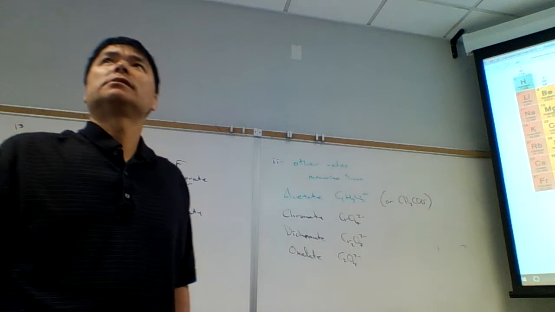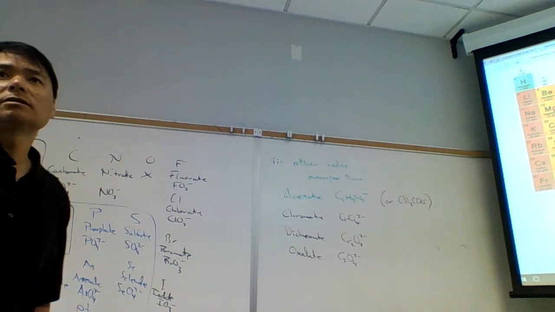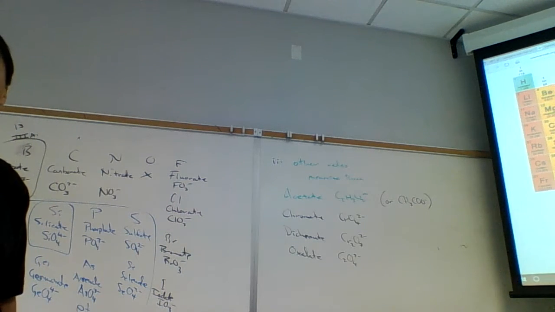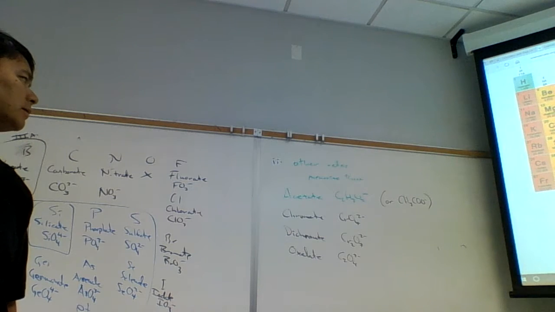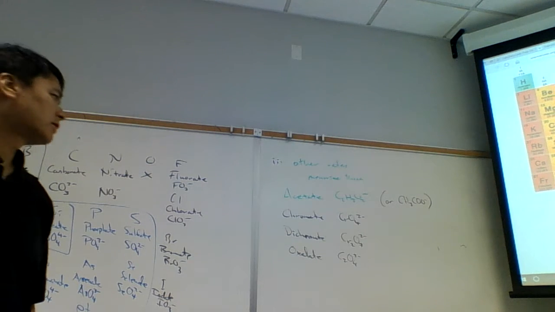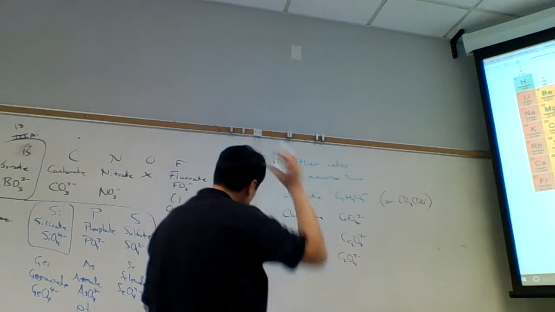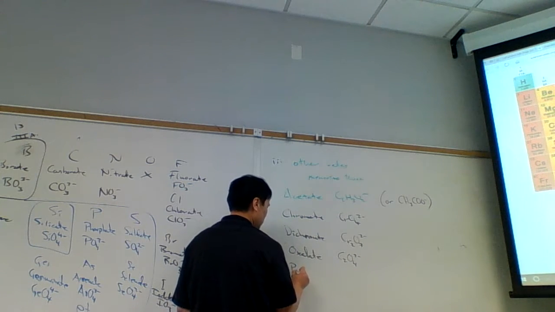Was cyanate on your list? Cyanate's not that common, so you can omit that from the list. Acetate, oxalate, very common. Chromate, dichromate, very common. There's one other that's super common, and it's called permanganate.